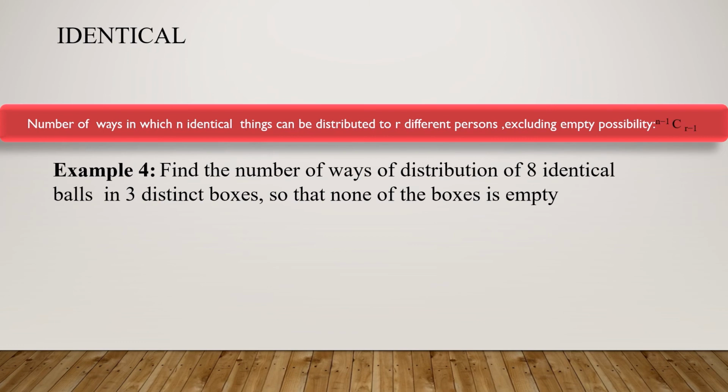Find the number of ways of distribution of 8 identical balls in 3 distinct boxes so that none of the boxes is empty. So here n is 8 and r is 3. So our answer would be n minus 1 C r minus 1, that is 8 minus 1 C 3 minus 1, that is 7C2.